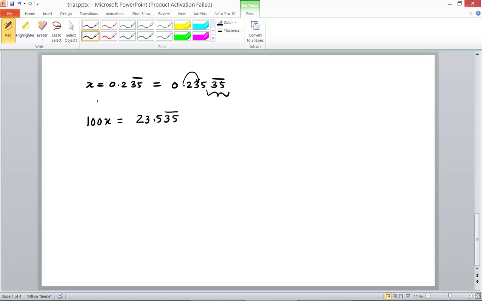So 23.535. Now you can write this as 0.2 plus 0.035. This can be written as 23.5 plus 0.035 repeating, because here if you see, I have separated this and I have figured this out, and this I am getting here also. So from this observation I can say 0.035 with 35 repeating is equal to x minus 0.2.